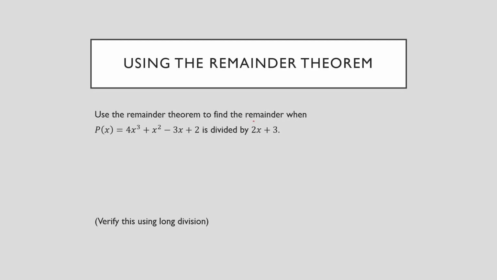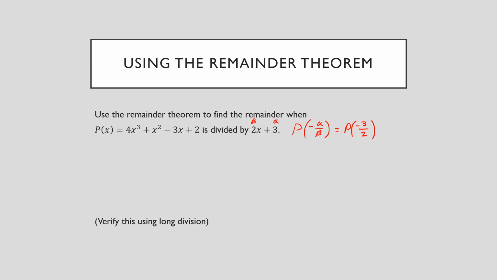So remember, this number that multiplies the x is the beta. This number you add at the end is alpha. Just be aware that alpha could be negative. Beta could also technically be a negative as well. So in this case, we're going to substitute p of negative alpha over beta, which in this case is p of negative 3 on 2. And you'll notice that's just exactly the same thing that we had in the previous slide.